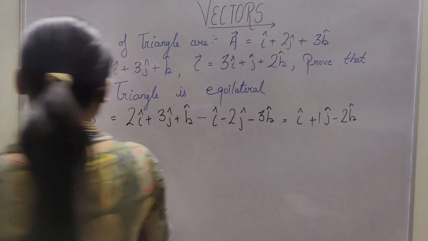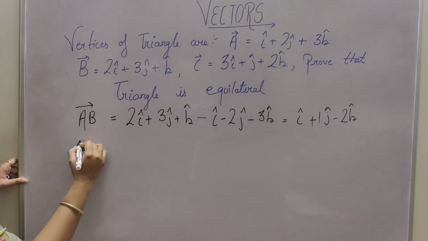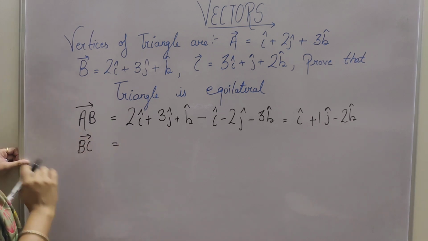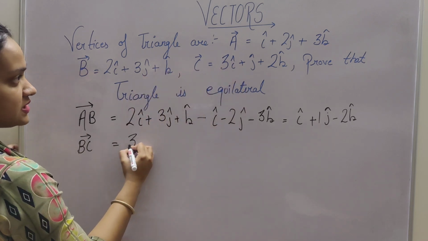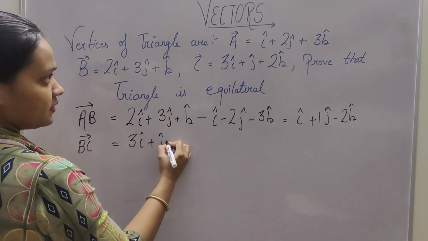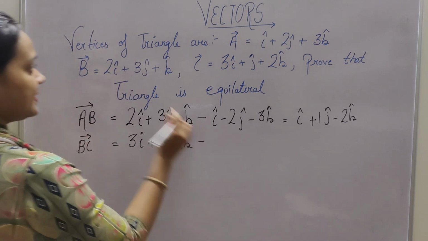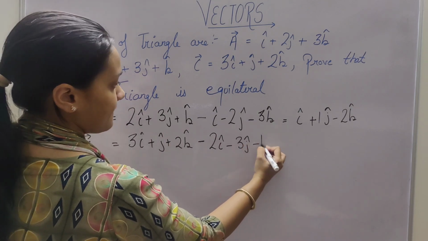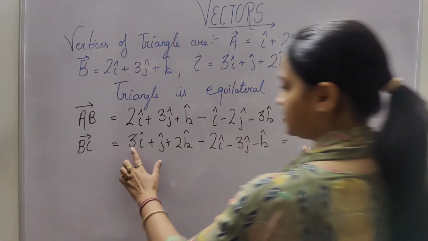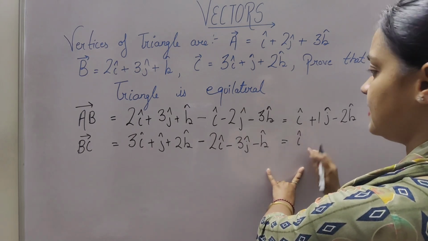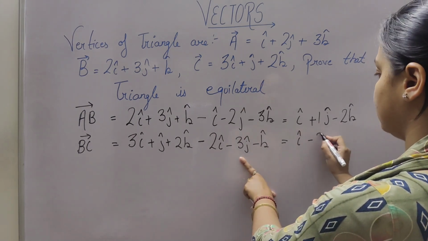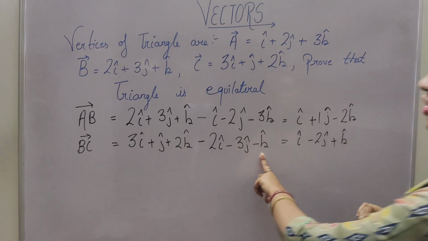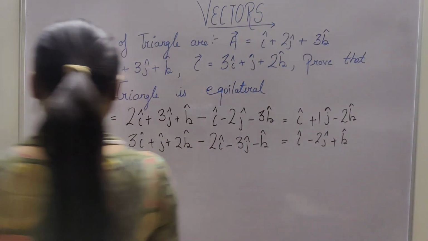Again writing the vector between BC, which is C minus B: 3i plus j plus 2k minus 2i minus 3j minus k, which gives i, minus 2j, plus k. So we are done with AB and BC.